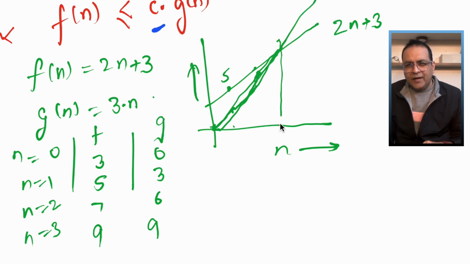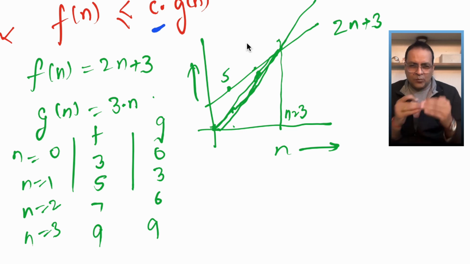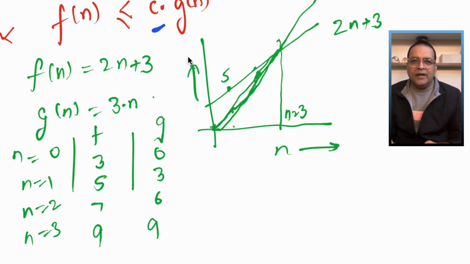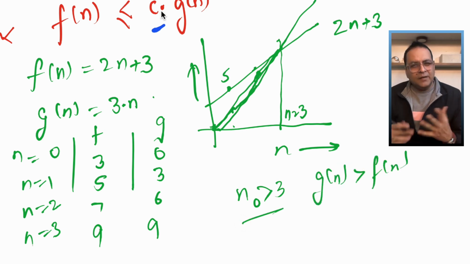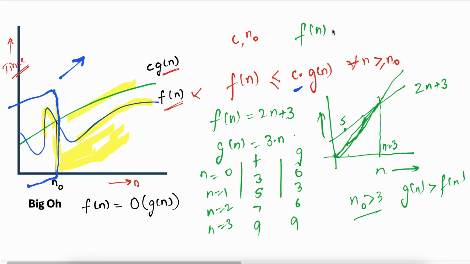So when n is equal to 3, both f(n) and g(n) are equal, and for every value greater than 3, g(n) will be greater than f(n). Therefore we can conclude that f(n) is big O of g(n), or g(n) is the upper bound for f(n).